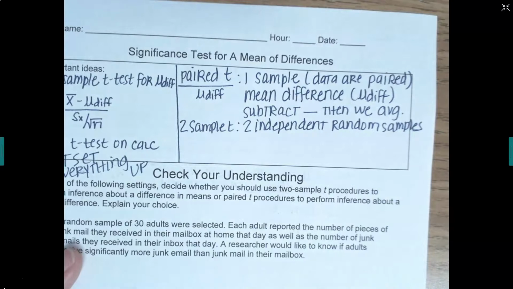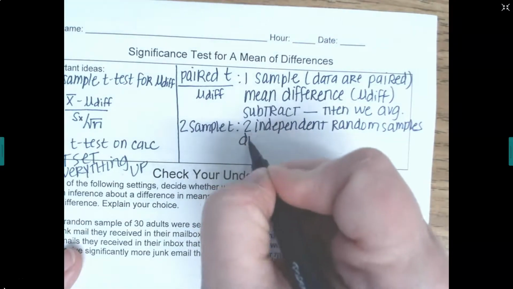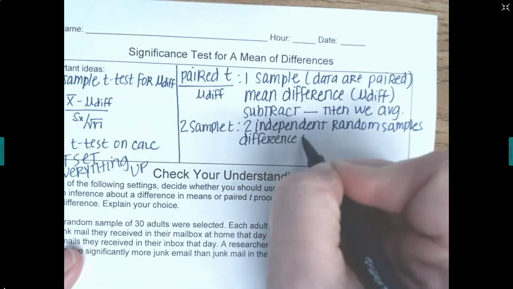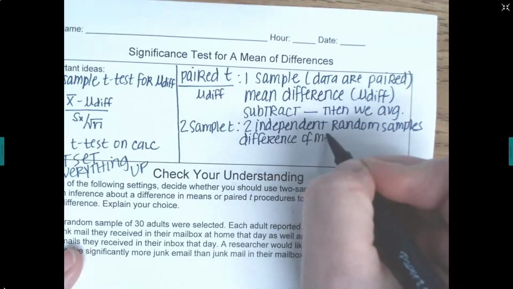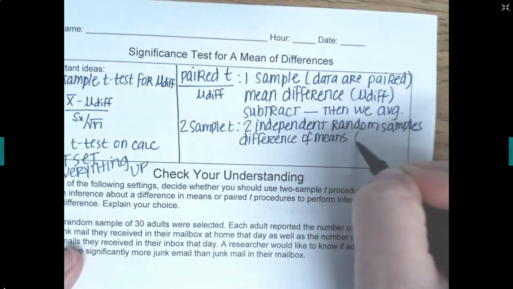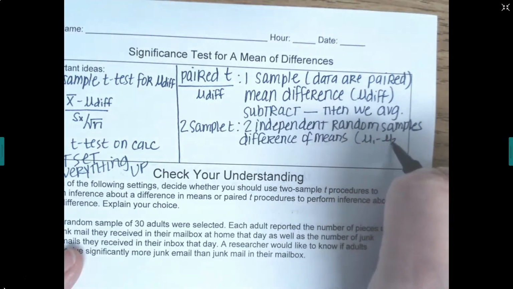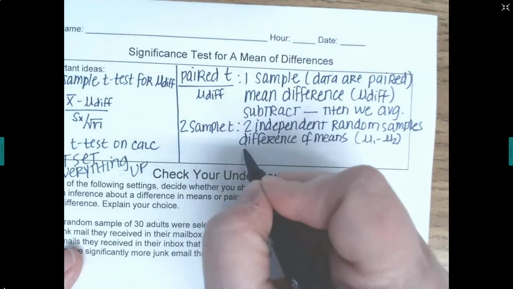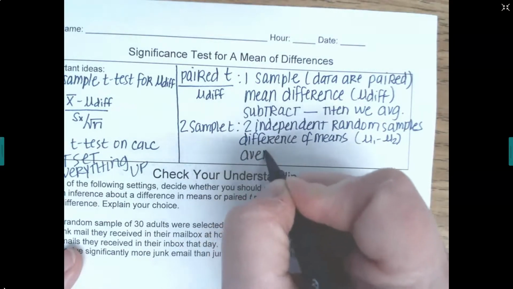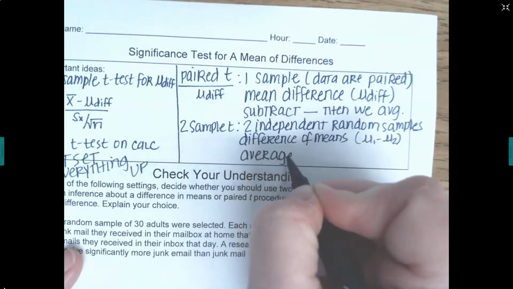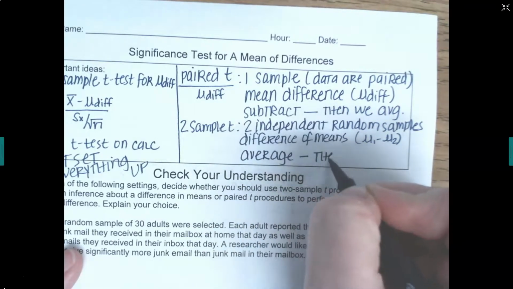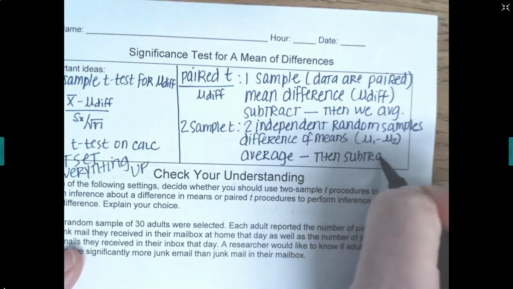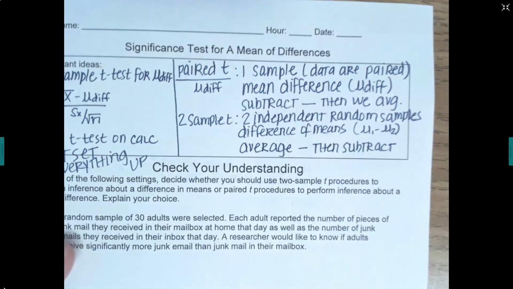It's a difference of means, which means we're taking mu1 minus mu2. And in this, you find the averages separately, then you subtract. You have two groups, you find the group's averages, then you subtract them.